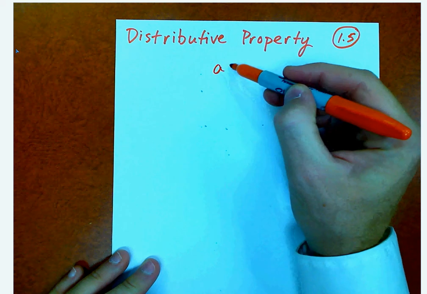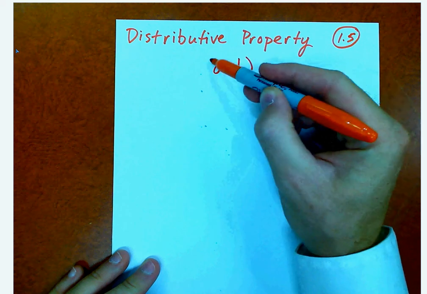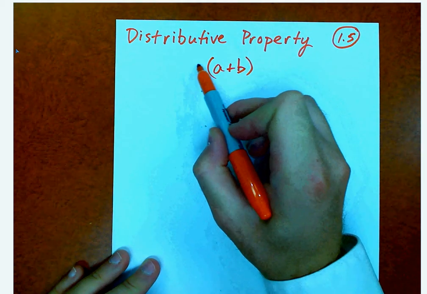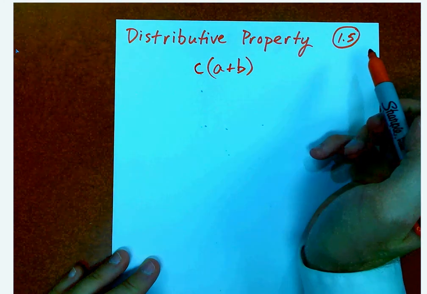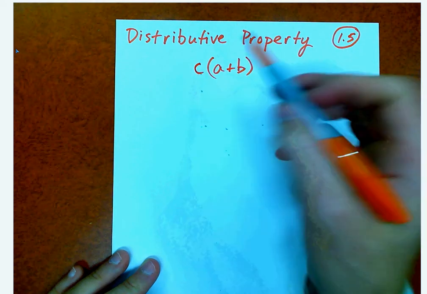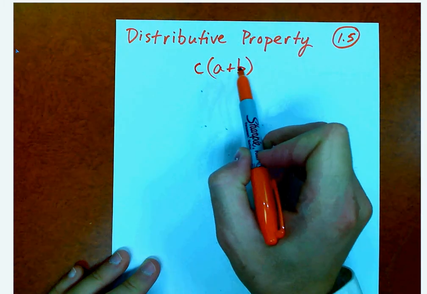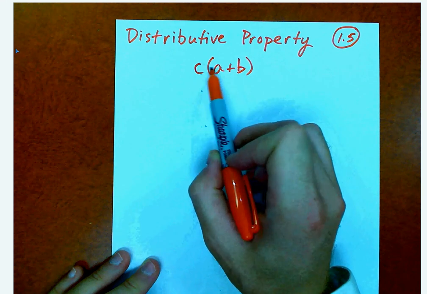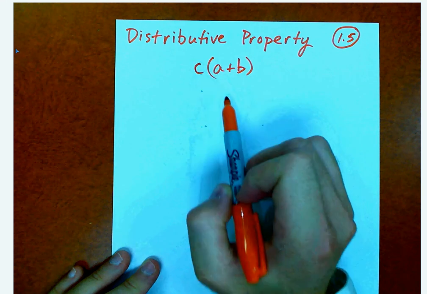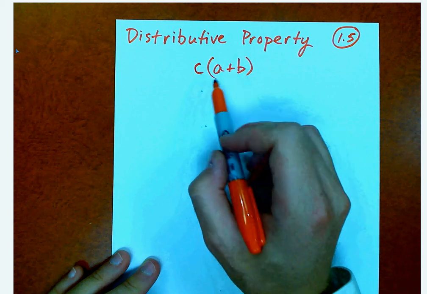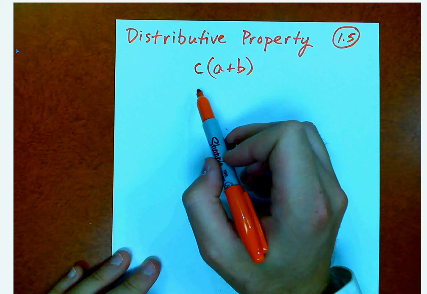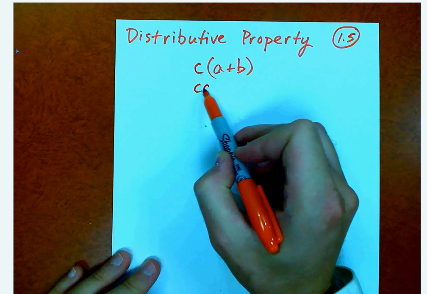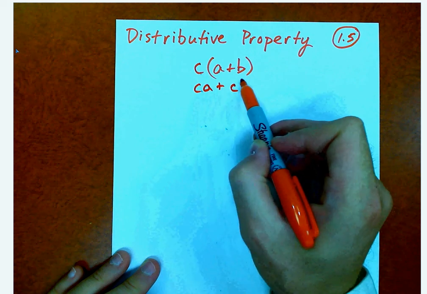When dealing with a sum or difference grouped together in parentheses, if I want to multiply it by a constant or a variable, it is true that both quantities on the inside of the parentheses will be multiplied by the quantity on the outside. So I can distribute C to both A and B. So an equivalent expression to this one would be C times A plus C times B.